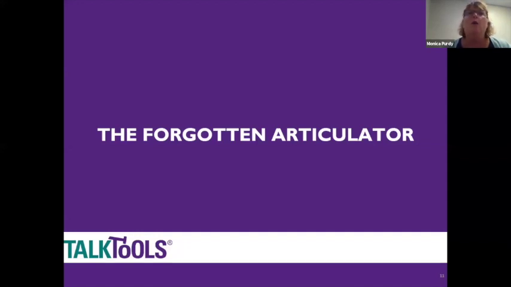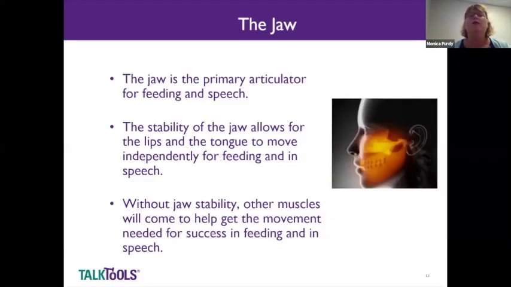So the main articulator that oftentimes people forget or don't even learn about is the jaw. And the jaw is the primary articulator for feeding and speech. The stability of the jaw allows for the lips and the tongue to move independently for feeding and speech.